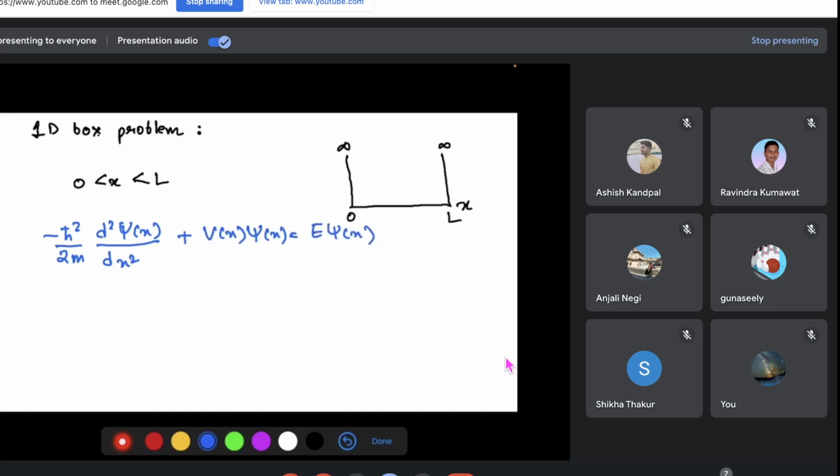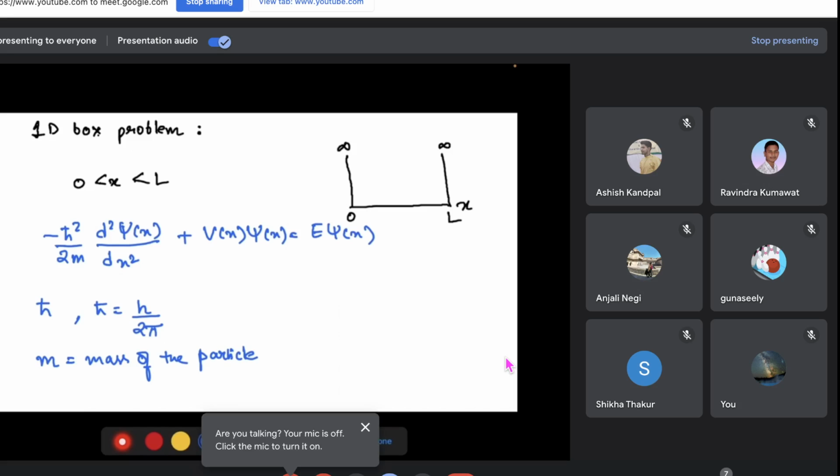Here, my h bar is the reduced Planck constant, equal to h upon 2 pi, m is the mass of the particle, psi x is the stationary time-independent wavefunction, and V x is my potential energy as a function of position, and E is my energy.